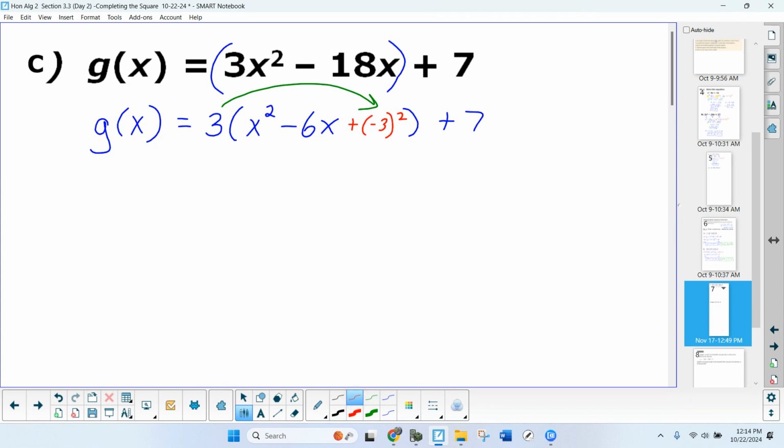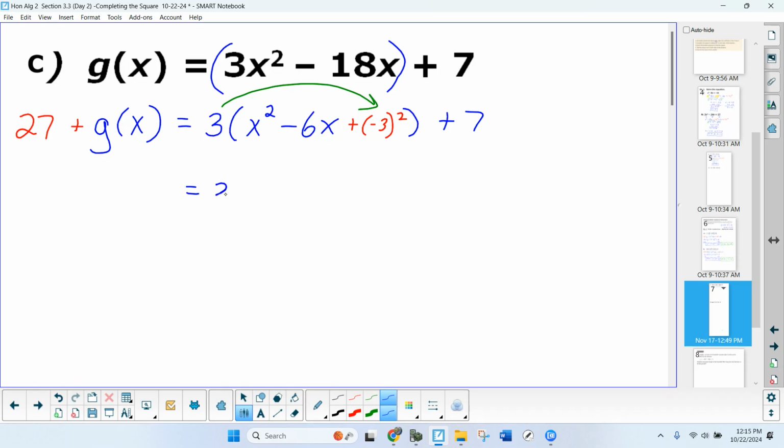So what are you going to add over here? I have to add 27. Does everybody see where I got that 27? Okay, because I added negative 3 squared, that's 9, but it's 3 times 9, which is 27. So to keep it balanced, add 27 to the other side.